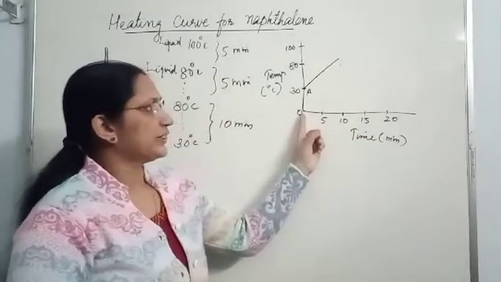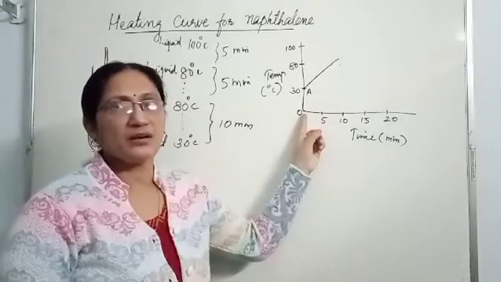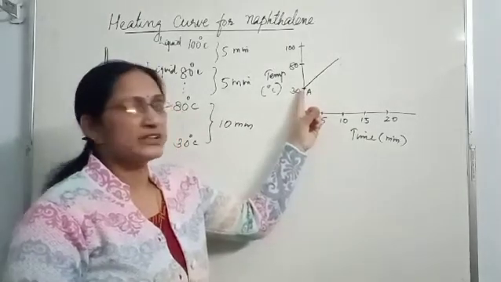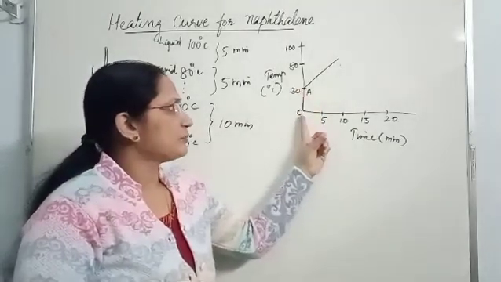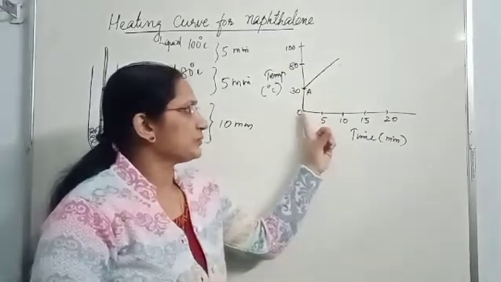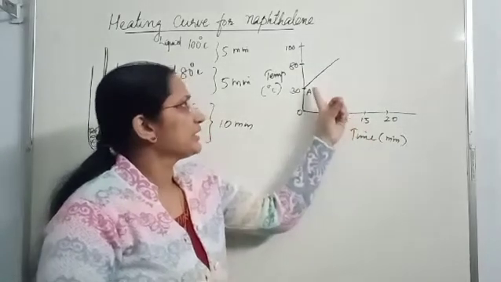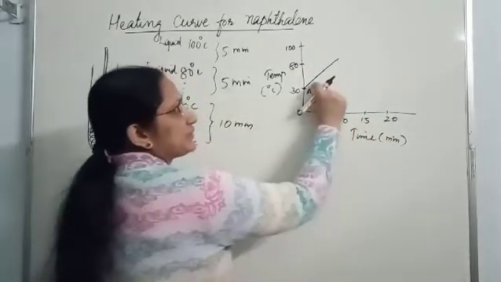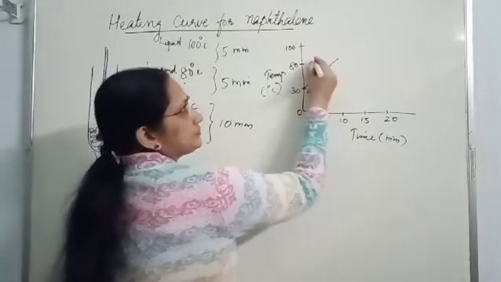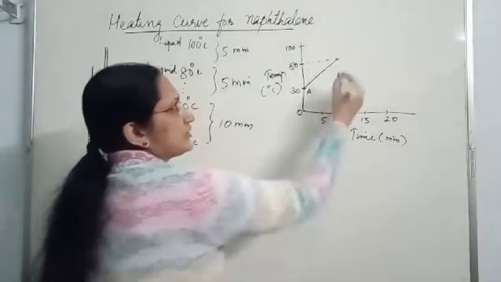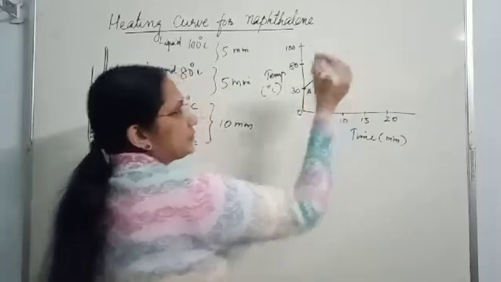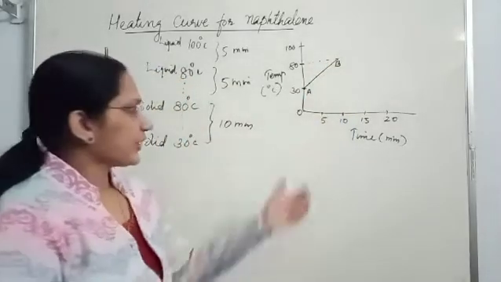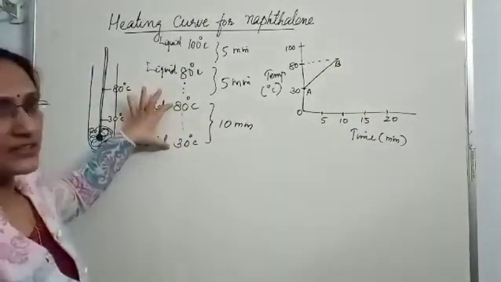So when the experiment starts, that means time 0, temperature is 30 degrees Celsius, and by 10 minutes the temperature changes from 30 to 80. It reached 80. So here is the second point B. So AB is the graph line for this section.